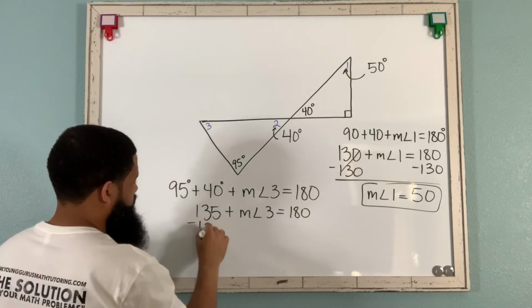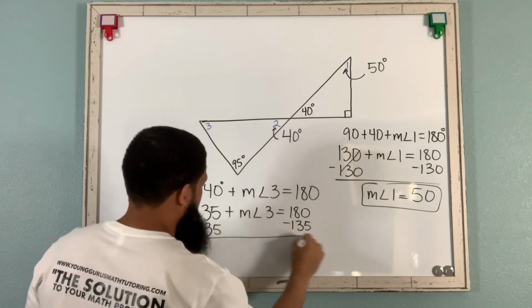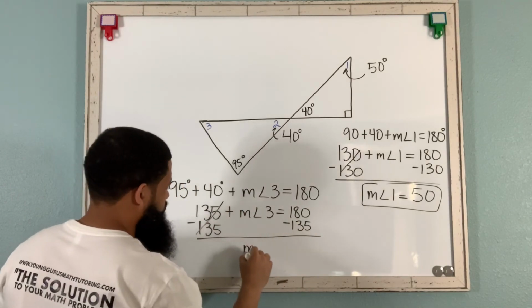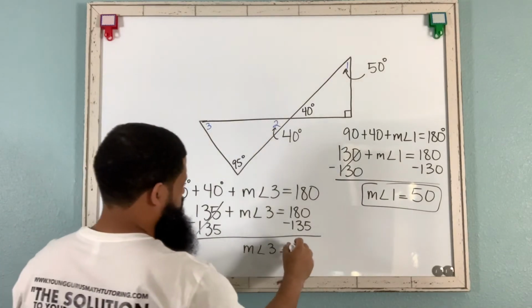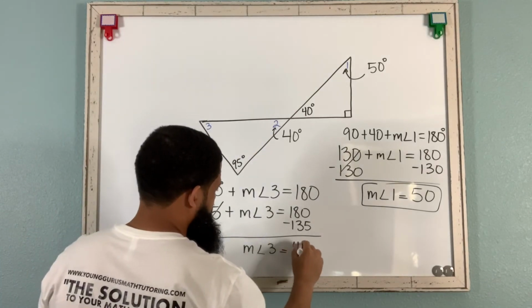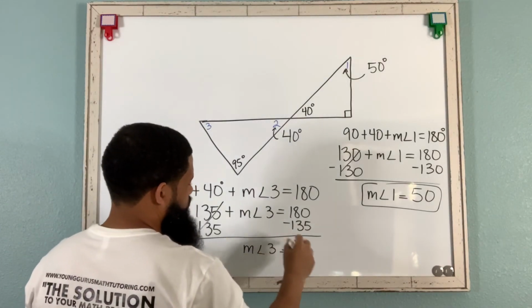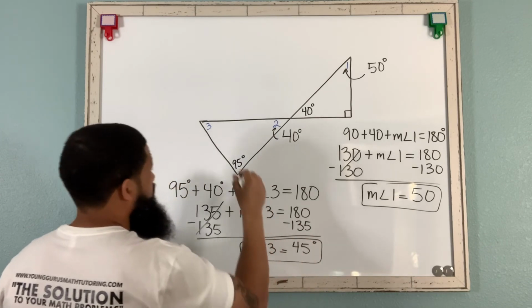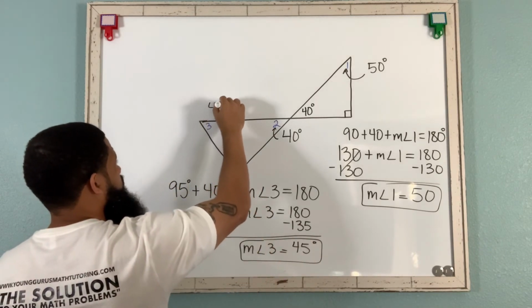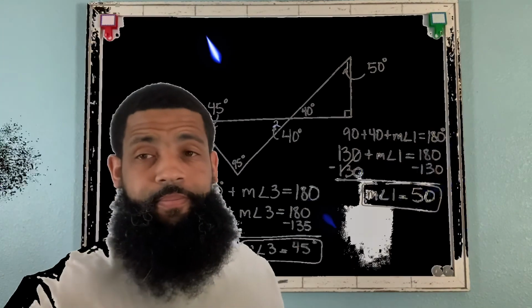We subtract 135, and bam, the measure of angle 3 equals 45 degrees. So measure of angle 3 equals 45 degrees. And that's all from the angle sum theorem.